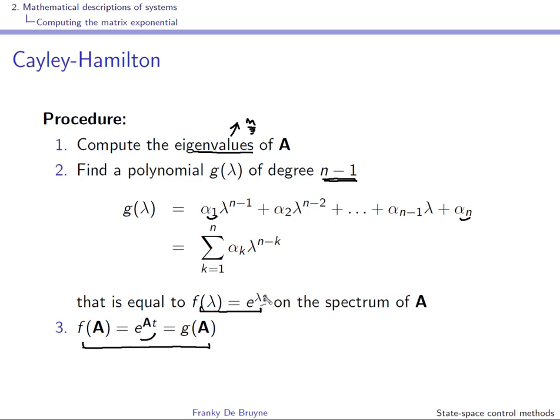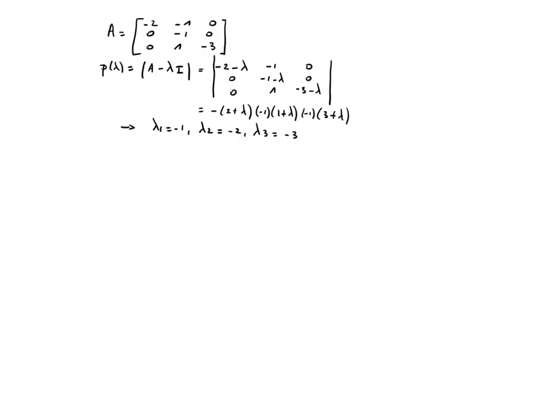We simply have to replace the variable λ by the matrix A, and this exponential of At will be equal to g constructed on A. We have to take this polynomial here, replace the λs by the matrix A, and where there is no λ we have to include the identity matrix.